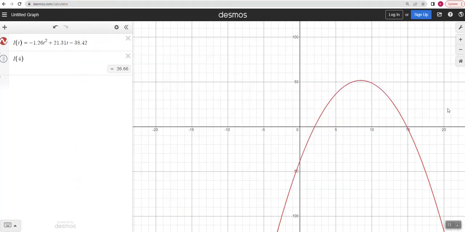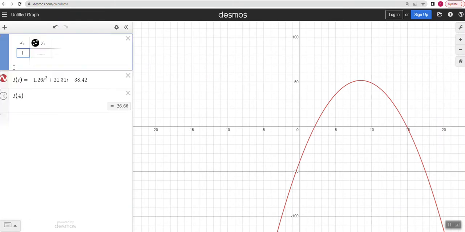All right, so I'm going to come back to Desmos. And I'm going to have to put some data in, so I'm going to go back to adding a table. But this time, I'm going to go ahead and just let the X1 and the Y1 stay there, because I'm not actually adding data for this function. I'm adding independent data that I know. So my inputs, the t values, 4, 6, 8, 10, 12, and 14.